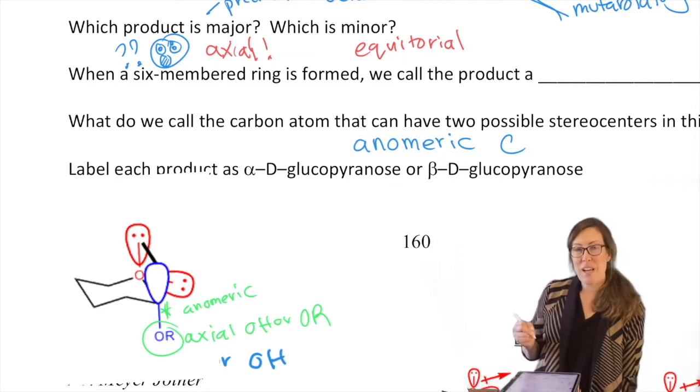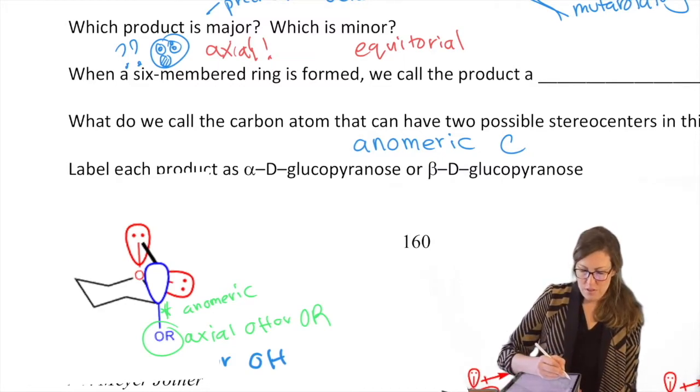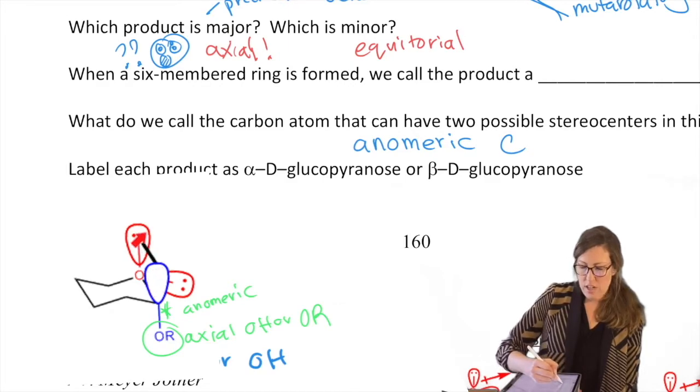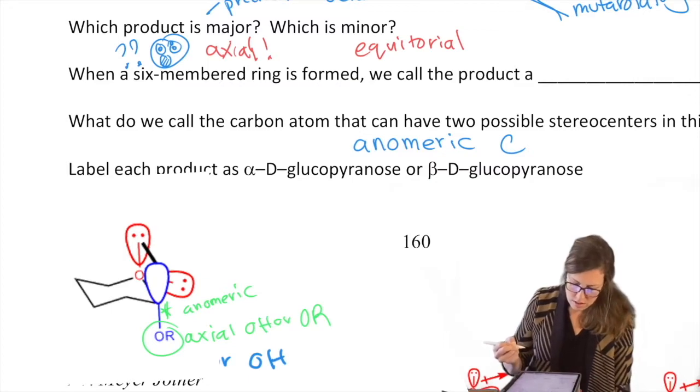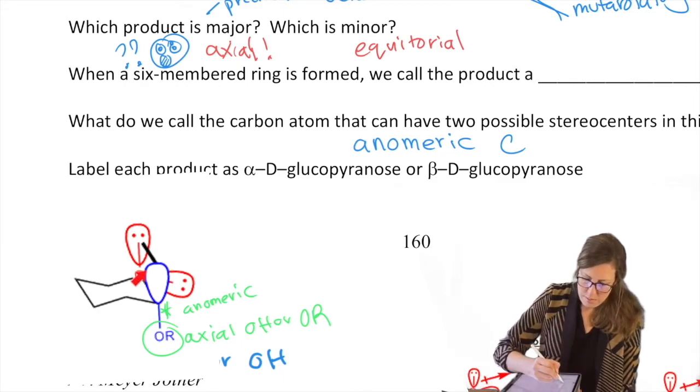When it is lined up axial, it allows the orbitals to overlap. So they are parallel. This orbital on this carbon that's sp3 hybridized, it's actually an empty sp3 hybrid orbital, because this carbon is also sp3 hybridized.